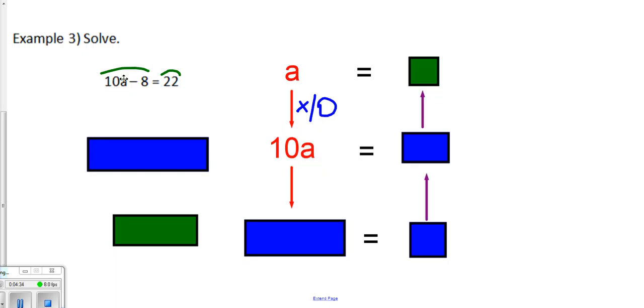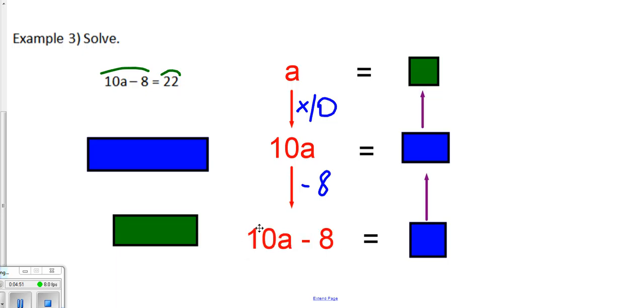That's where this piece came from. Now, what's the next thing happening to a? Well, you're subtracting 8. Again, we just did this by order of operations. Looking at our order of operations, what's happening to a over here? Timesing by 10, then subtracting 8. So your whole expression says this amount, 10a minus 8. This is all one expression.